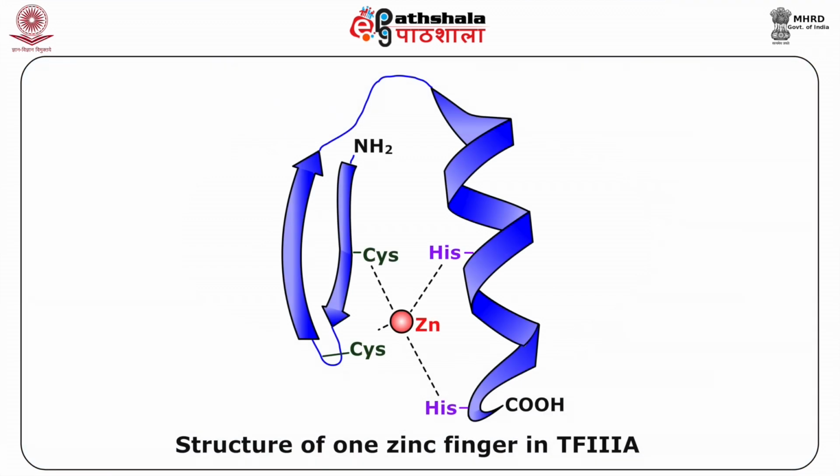The coordination of two cysteine residues, which are 2 to 4 amino acids apart, with zinc induces the formation of an N-terminal antiparallel beta-beta loop structure in the TF3A as shown in the figure.